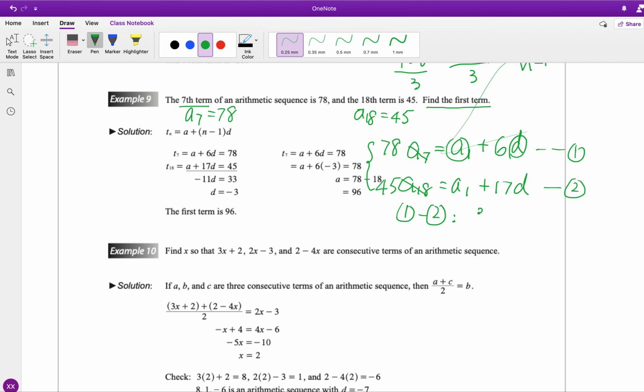No, what am I talking about? 33. And then A1 subtract A1 is 0. 6D subtract 17D is negative 11D. Therefore, D equals negative 3. Then plug this back into one of the equations, and you will get your A1.